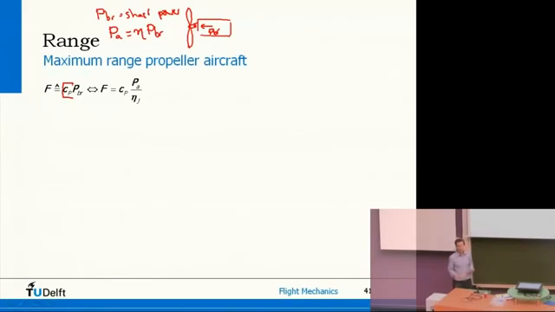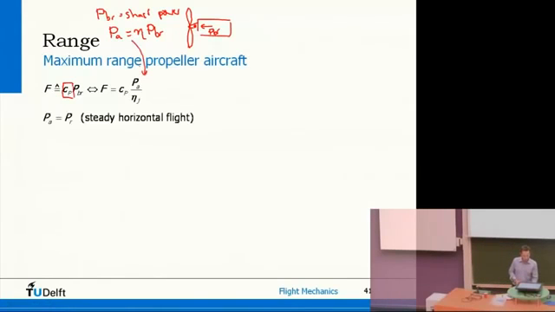So there will be some kind of a variable, and it depends purely on your engine, that tells you how much fuel you're using depending on the shaft power. So combining that with this equation for power available, you can say, well, fuel flow is this fuel consumption parameter, Cp, multiplied with power available divided by the efficiency.